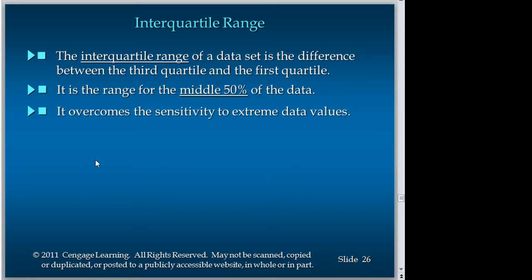So there's another measure that we can use, which is called the interquartile range. Interquartile range basically deals with the middle 50% of the data. So if you deal with the middle 50% of the data, that means you cut off the smallest 25% and you cut off the largest 25%, and you only deal with the middle 50%.